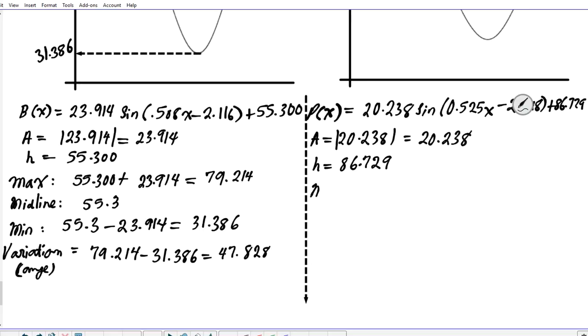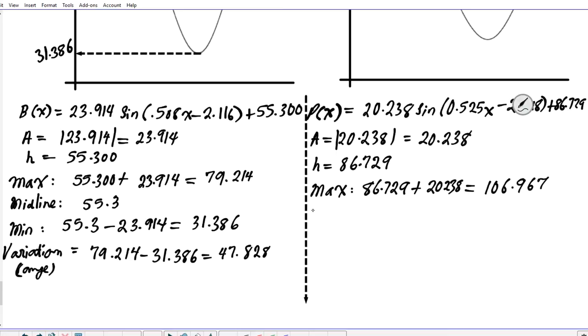All right, let's start with the maximum. The maximum is your midline plus your amplitude, 20.238.